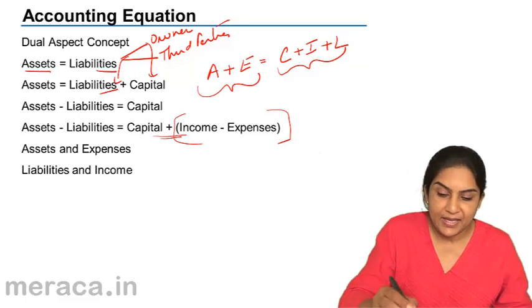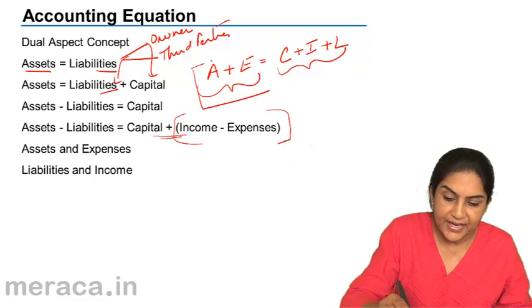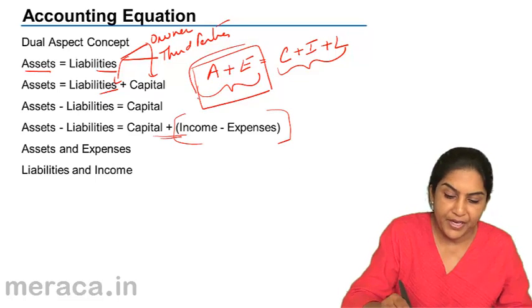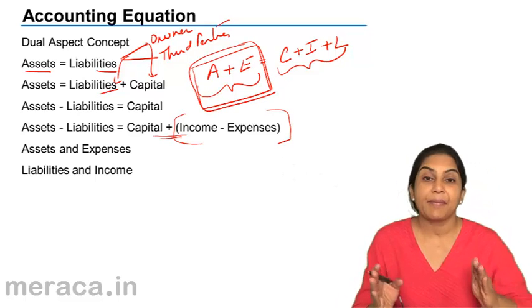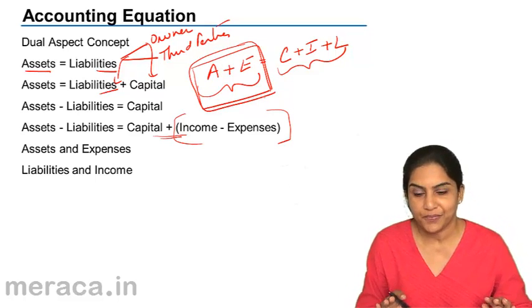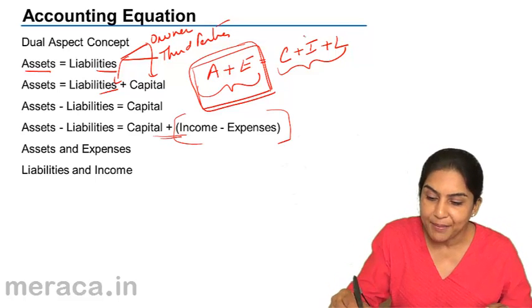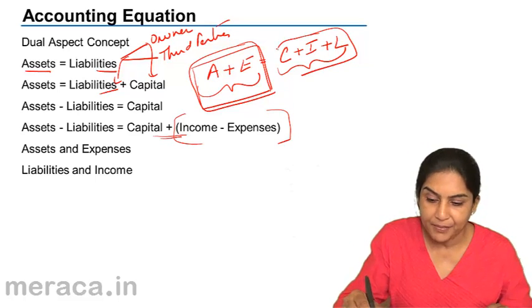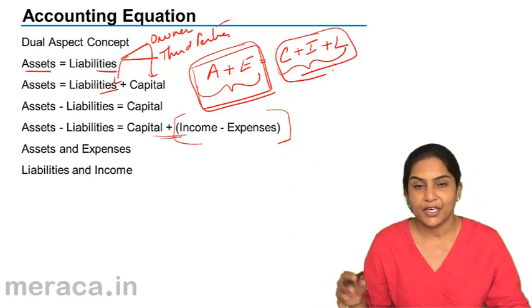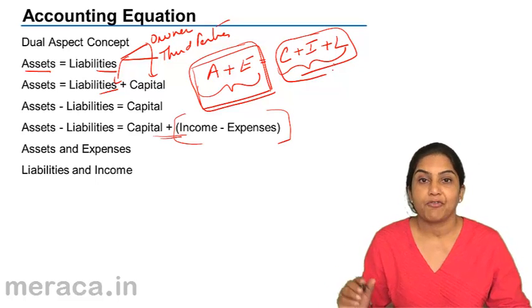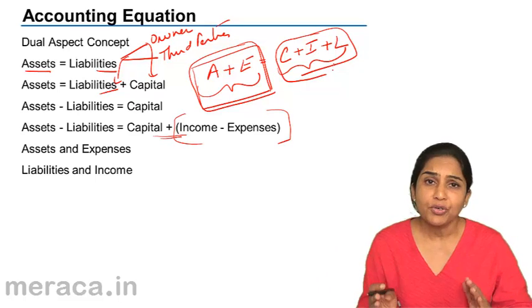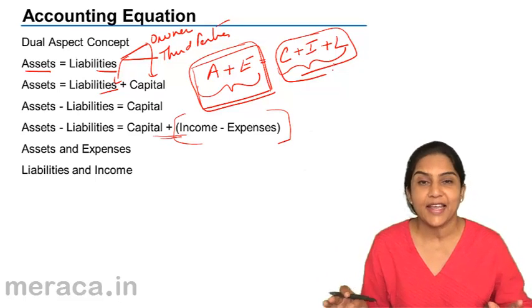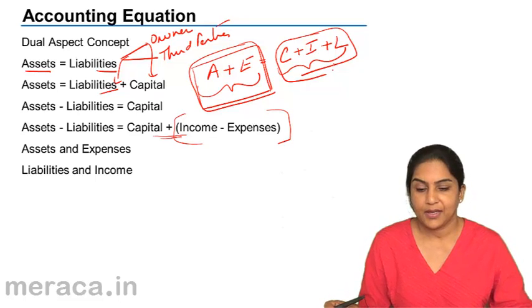This would mean that the treatment of assets and expenses is the same. They fall on the same side of the equation, whereas income and liabilities, capital being also a liability of the business to its owner, fall on the other side of the equation. Now, how do you distinguish an asset and an expense?